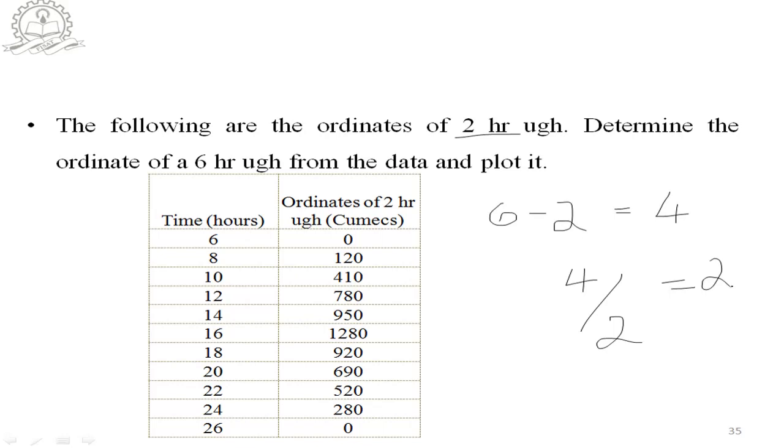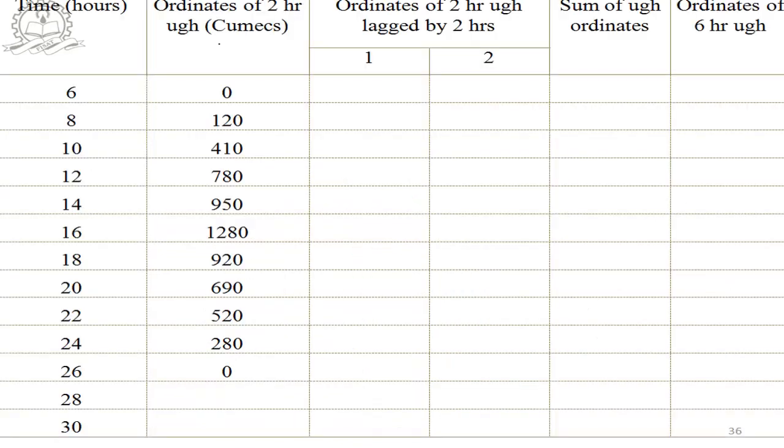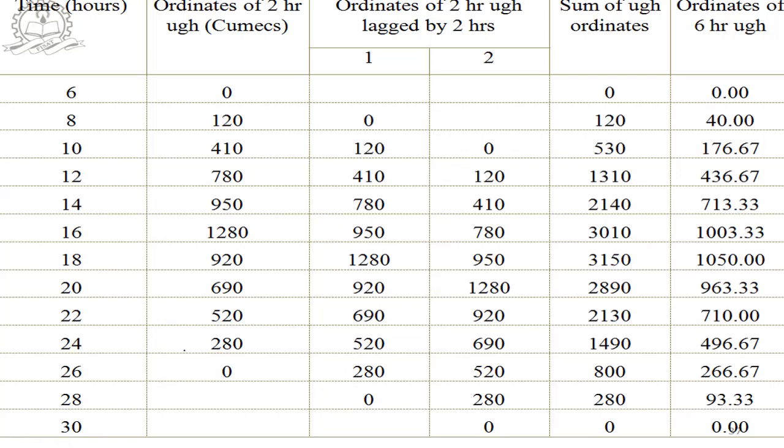So this is the data given, and here you have to provide a total of 2 lags in order to get a total 4-hour lag. First provide a 2-hour lag in this first column, and next again provide a 2-hour lag. Then take the sum of these ordinates, from here to here, that is represented in this column.